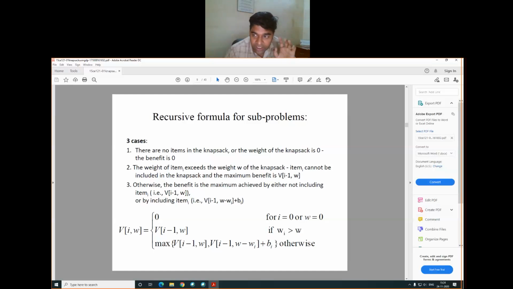The third condition is the maximum of V of I minus 1, W or V of I minus 1, W minus W of I, plus V of I. So either we include or we do not include the items.